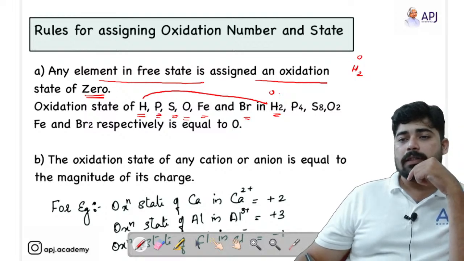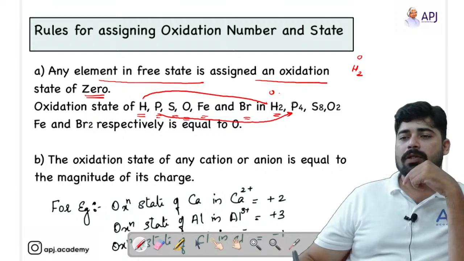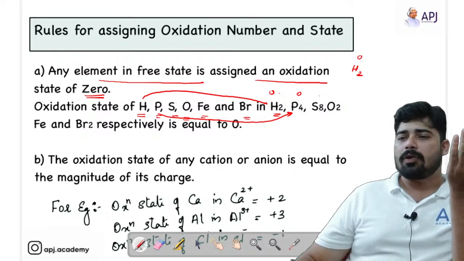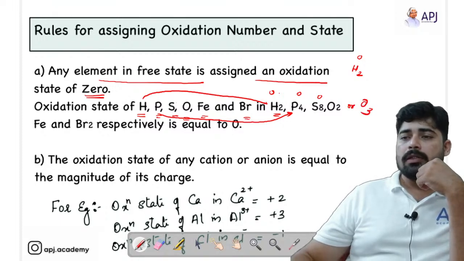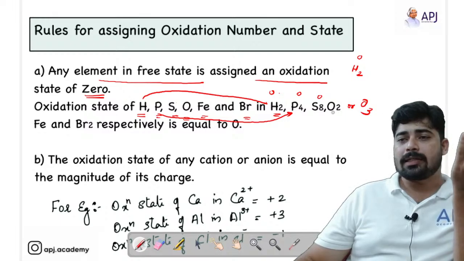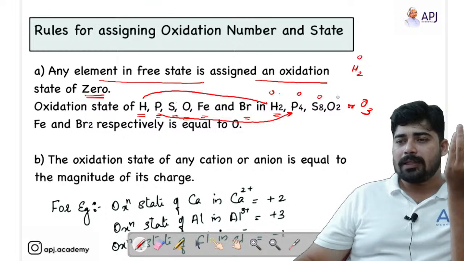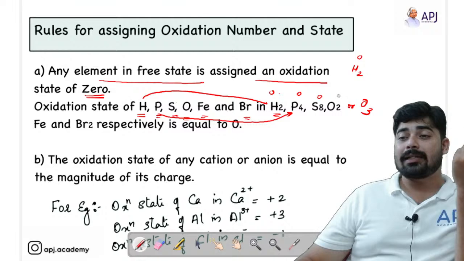Now phosphorus, if you see it in the P4 state, what oxidation number do you have to give? 0. When sulfur exists in S8 form, or just simply sulfur, the oxidation state should be taken as 0. Oxygen exists in nature in O2 as well as O3 form. These two are the free states of oxygen. Free state means without any combination with any other element.